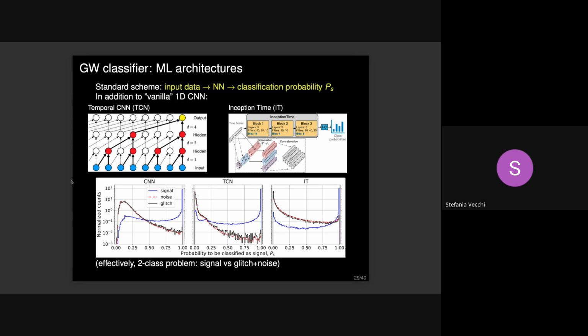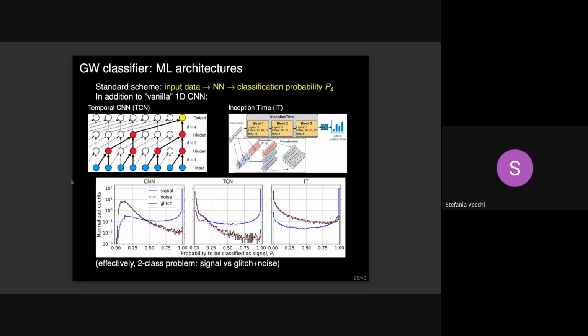And there is also a third version, a more complicated convolutional structure with many convolutions inside each other, and therefore it's called Inception Time. It's like the movie. It has one structure of convolutions inside another, and then it is able to find substructures and is better at understanding the data than the typical CNN.